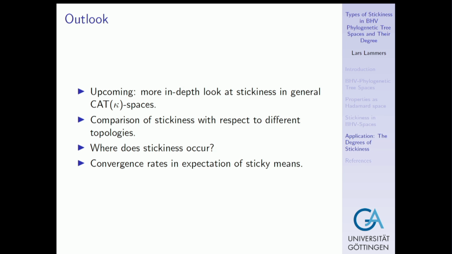We tackle the problem of how nasty the space has to be for stickiness to be a thing. And we also cover some results on convergence rates of the expected distance of the sample mean to the population mean. Okay, thank you for your attention.